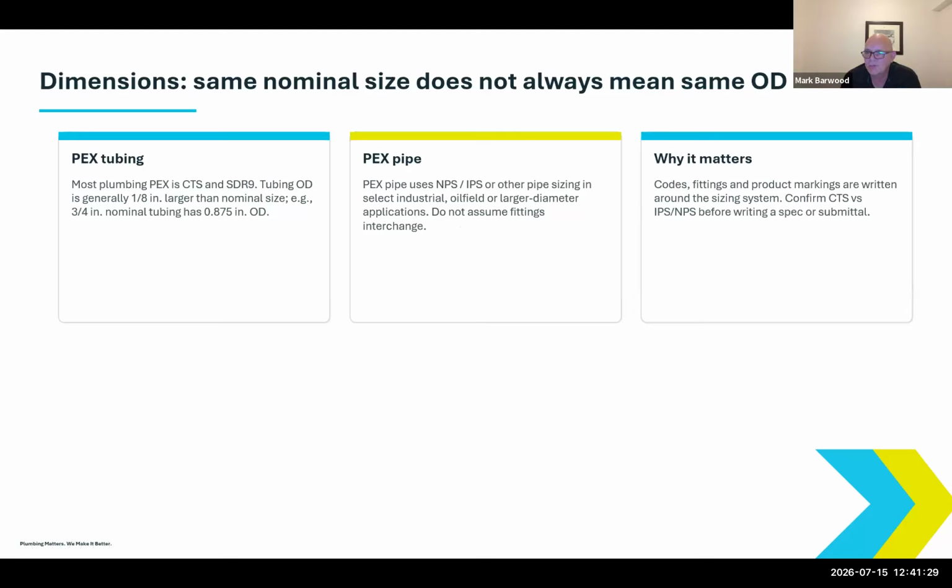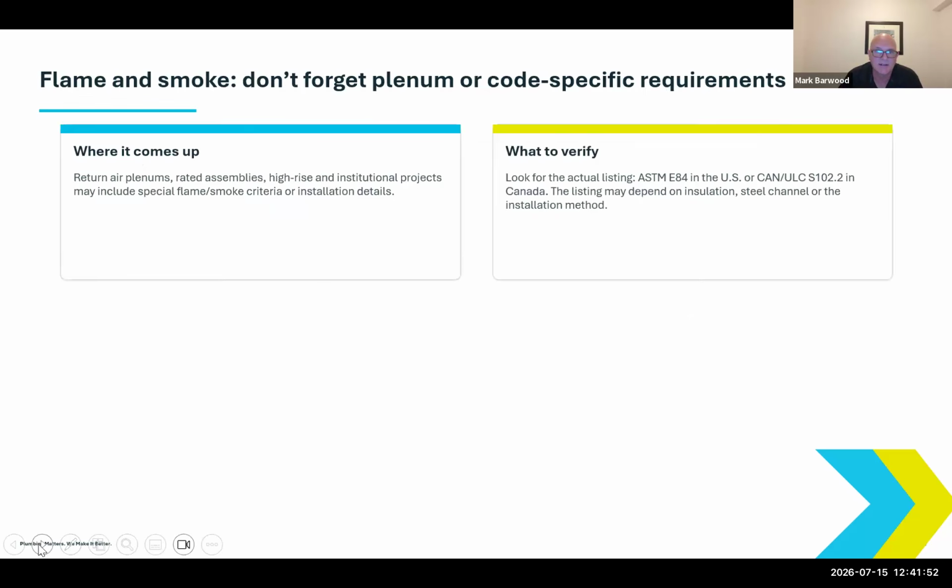Confirm copper tube size versus iron pipe size. In North America, all PEX is made to a CTS standard, so I'm not that worried about it. But if pipe is coming from a different jurisdiction, maybe Europe or Australia, just make sure that it does conform to the CTS standard.